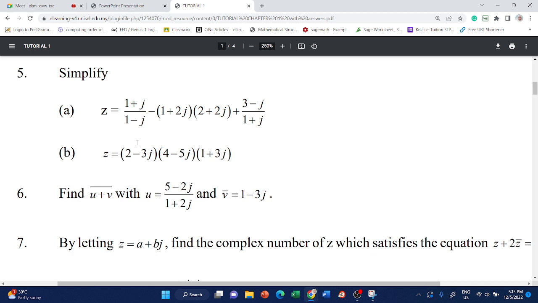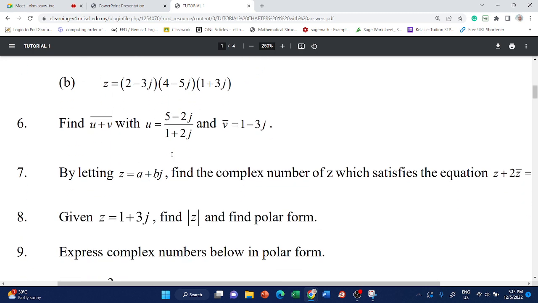Okay, now for 5b. Okay, 5b, you have 3 brackets, right? Okay, so we times out first. The first bracket times with the second bracket. Okay, do it one by one. So once you times with the first 2 brackets, simplify first.